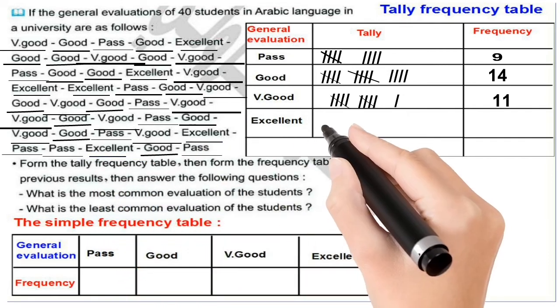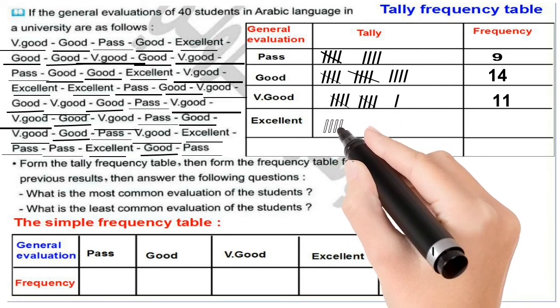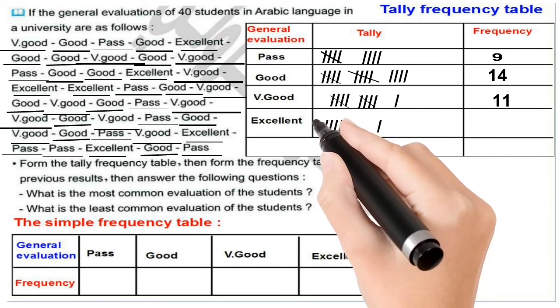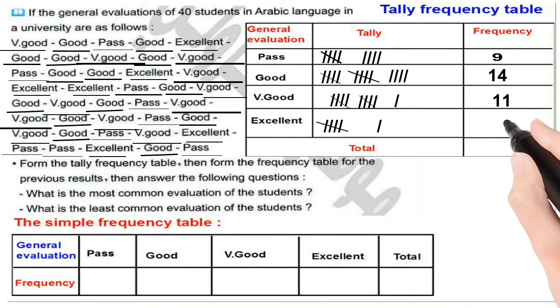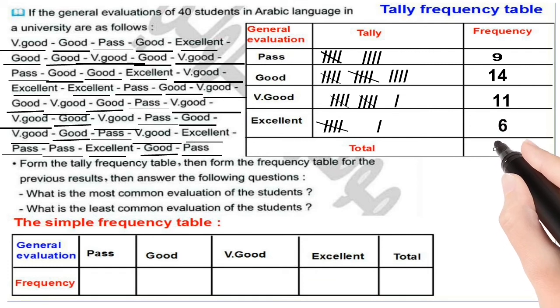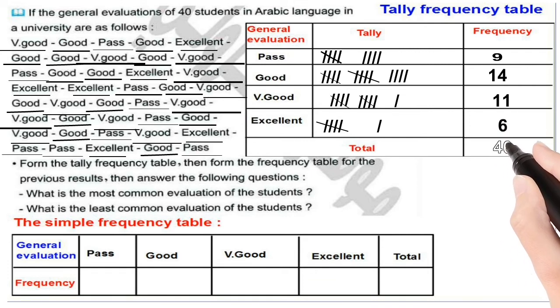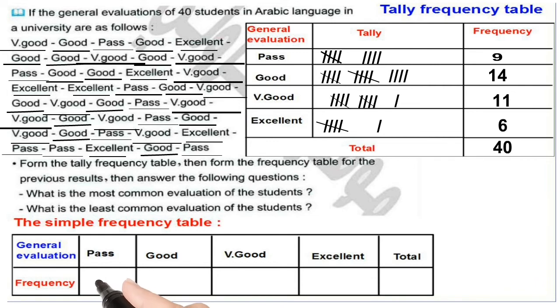And now we will draw our sticks. 1, 2, 3, 4, 5. Now we have 6 sticks. And then I will write 6. Then I will find the total. 9 plus 14 plus 11 plus 4 plus 6 equals 40.